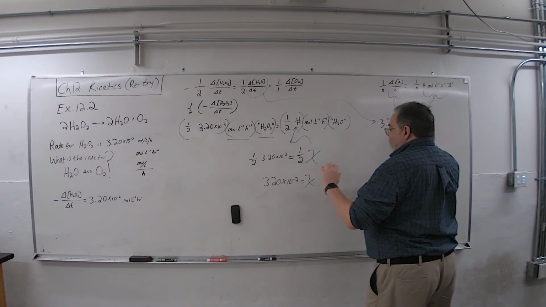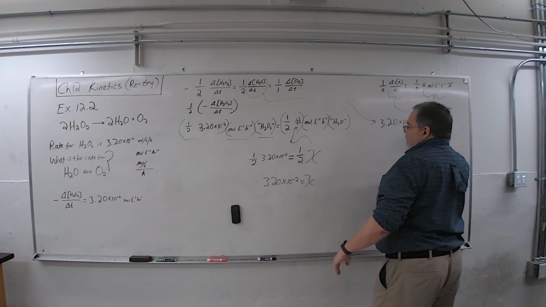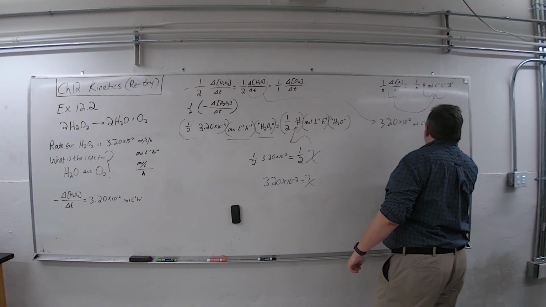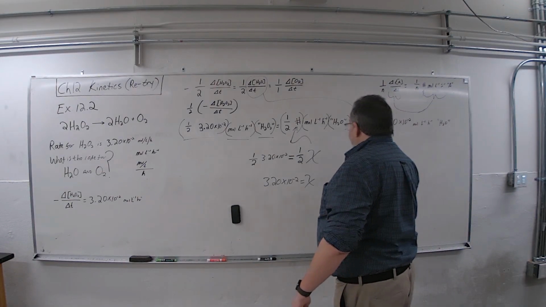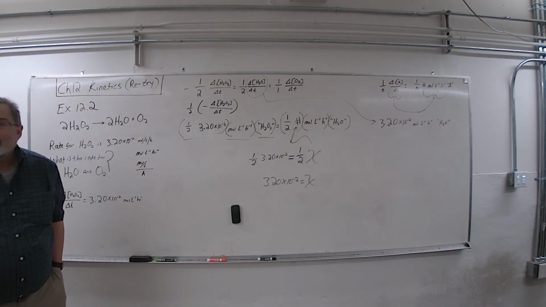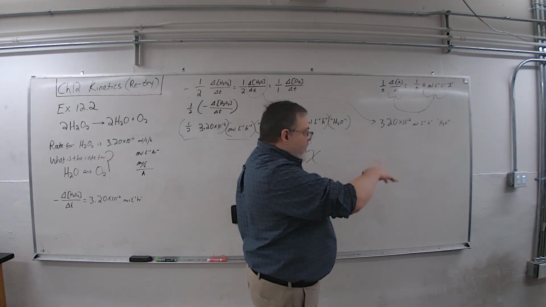the algebra isn't always quite that simple, but I'll do another one. And then moles per liter per hour, and here I put H2O. That's really what you just saw. And this is my notation, even though it's real and it works.